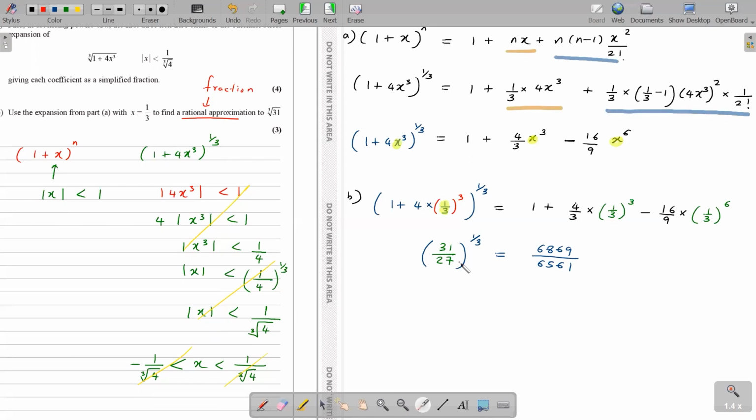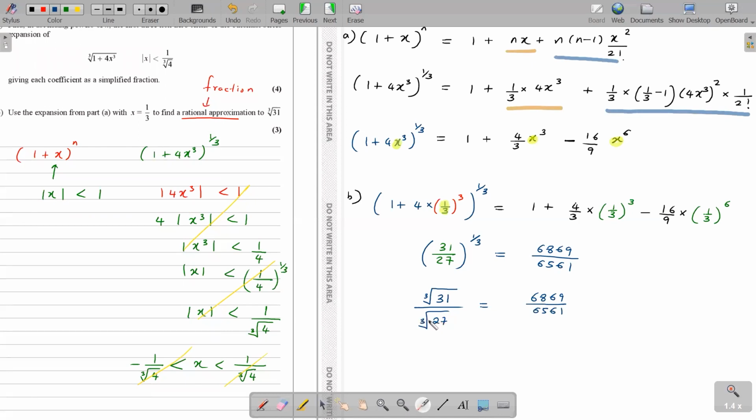Okay, so I think we can see I have the 31 here. The power 1 over 3, let's separate it out. So this is 31 to the power 1 over 3, which is the cube root of 31, over the cube root of 27, so 27 to the power 1 over 3. In the calculator you would directly get the cube root of 27 as 3, because 27 is 3 to the power 3.